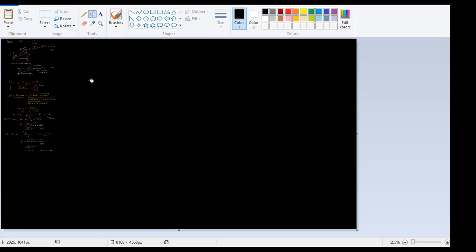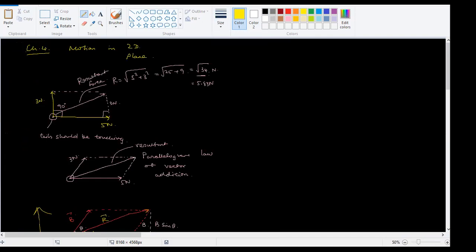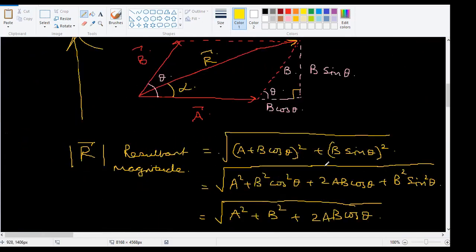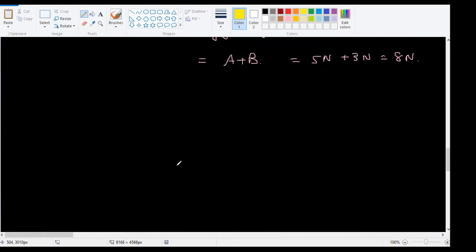What about forces acting in the opposite direction? 180 degrees, yes. So theta is equal to 180 degree.